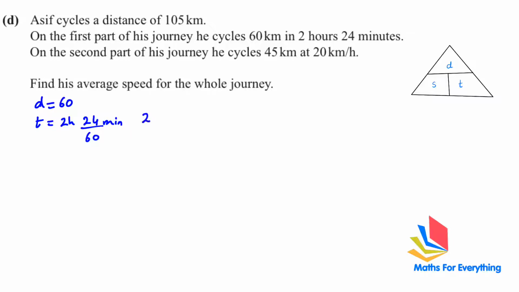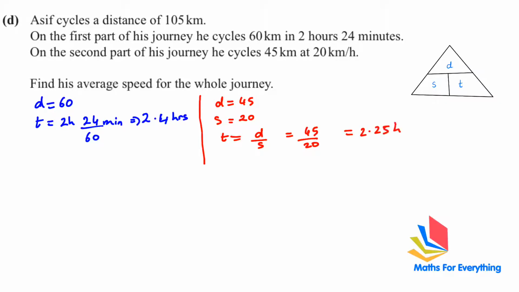So 2.4 hours. Now let's look at the second part of the journey. The distance is given to us, 45, and speed is given to us, 20 kilometers per hour. To find time, we divide the distance by the speed, which is 45 divided by 20. That will give you 2.25 hours.